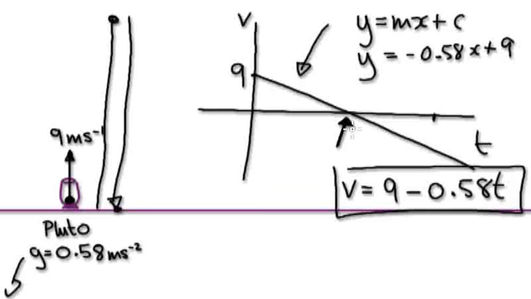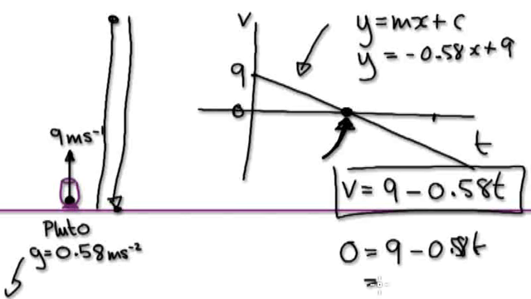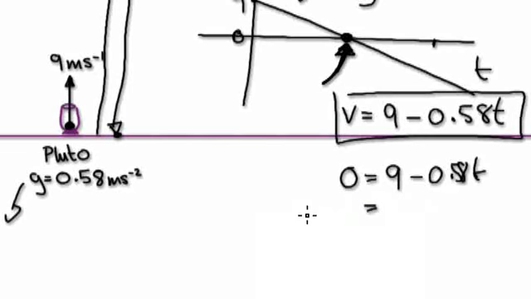So here the time of flight here is this point here. So set the v to 0 because at this point here the velocity is 0. So put 0 into the v. So this will be 0 equals 9 take away 0.58t, and then add that thing to both sides. So it will be 0.58t equals 9.